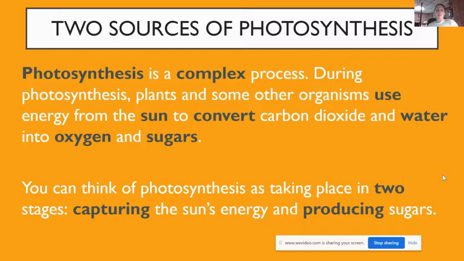So you can think of photosynthesis as taking place in two stages. The first stage is capturing the sun's energy, and the second stage is producing sugars or producing that food.